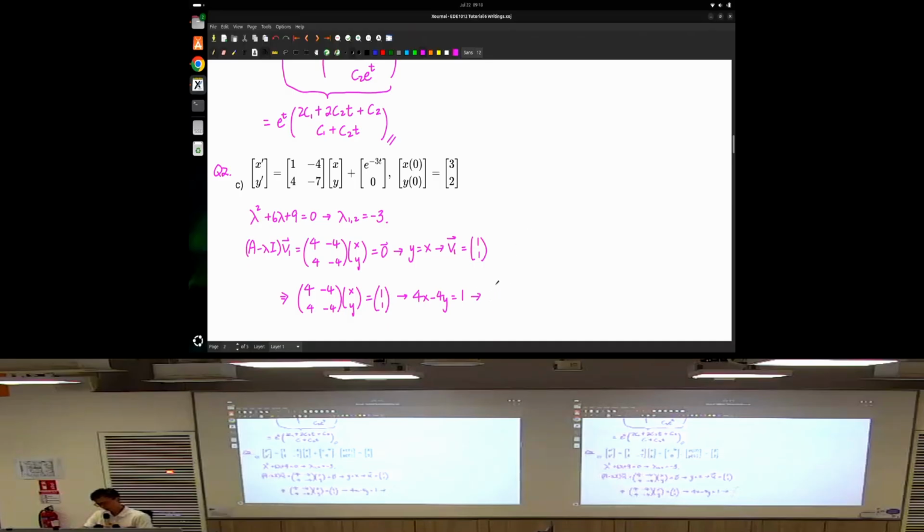Let's say if I isolate y, right? Then I'm going to get 1/4 of 4x minus 1. Agree, yeah? So if I choose x to be 0, conveniently, then my y must be minus 1/4. Okay? That is not nice because there's a 1/4.